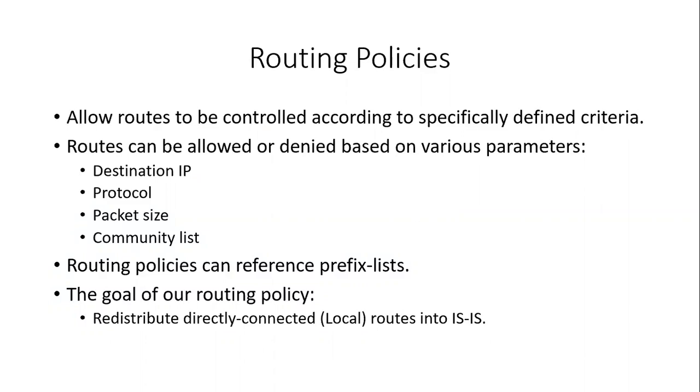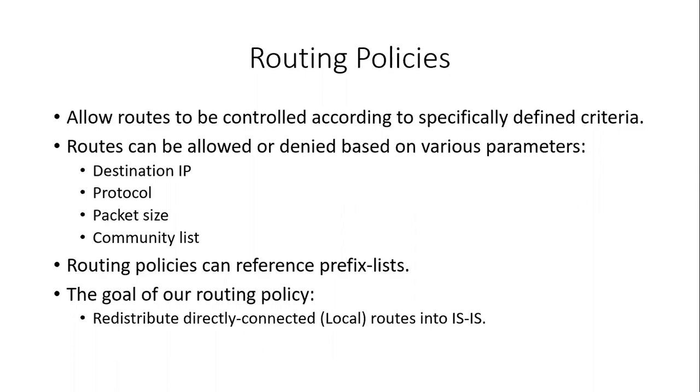So what's the purpose of routing policies? Well, they allow routes to be controlled according to specifically defined criteria. Routes can be allowed or denied based on various parameters, that being the destination IP, the protocol, packet size, or the community list. Routing policies can also reference prefix lists.